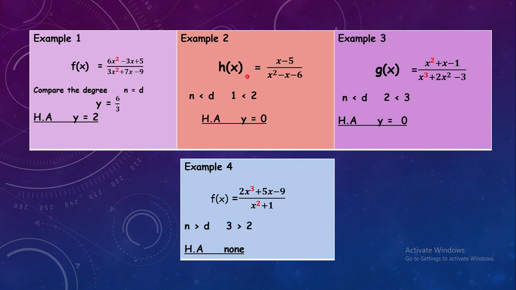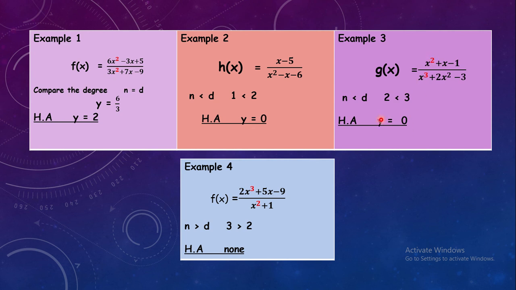For example, number 2 naman, here po, degree of the ano lang ha, ito meron siyang invisible 1. Ito meron siyang squared. So, this time, okay, 1 is less than 2. Diba? So, kapag po ganyan, na mas mababa yung nasa taas, your answer is 0. Kagaya sa number 3, mas mababa yung sa taas kasi 2 and 3.